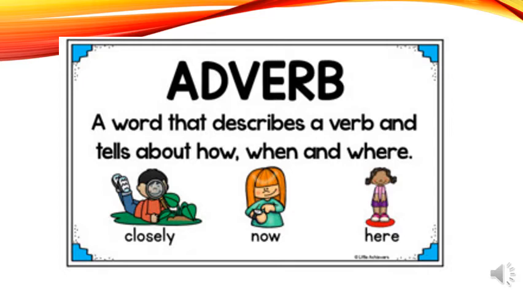For example, the boy is looking closely at a leaf. The girl is going to do it now. Where the little girl loves to stand, she loves to stand here. So you see that an adverb describes a verb, an action word, and tells us about how, when, and where that action has been done. It adds more meaning to the verb.